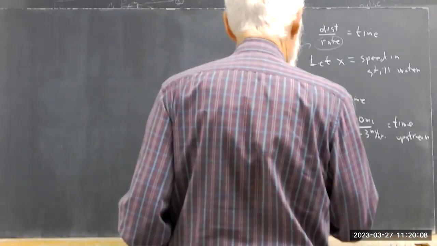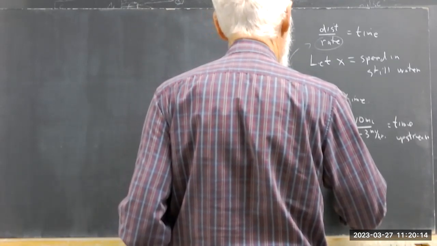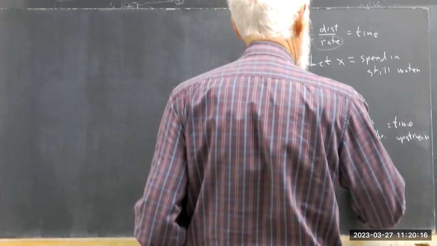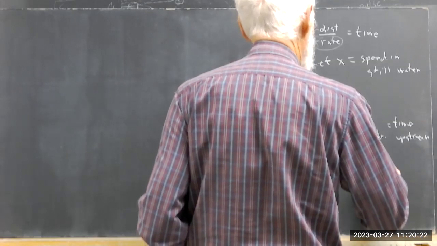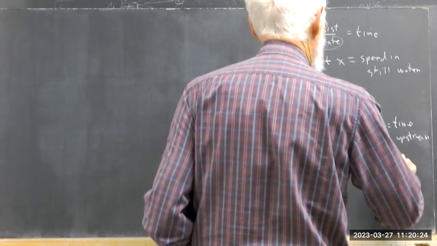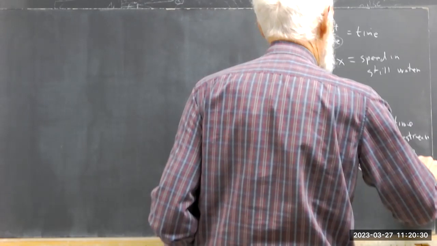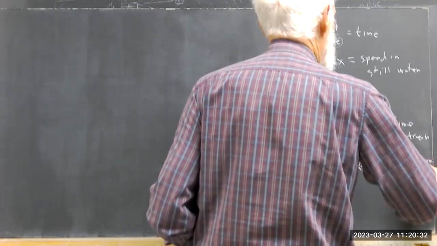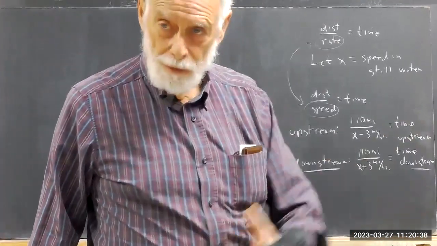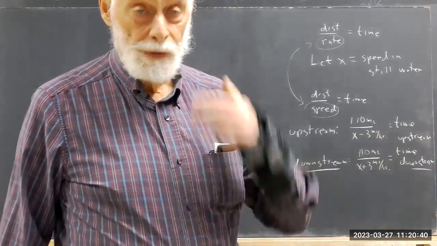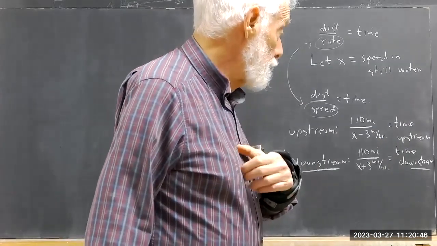And then downstream is 110 miles over X plus 3 miles an hour, just coming downstream. The current's helping you, you're going 3 miles an hour faster than you would in still water. Remember, X is your speed in still water.